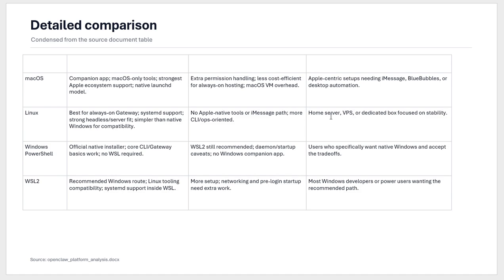For Linux, you can mostly use a VPS operating in Linux, Hostinger and others, including Alibaba Cloud and AWS. They have Linux environments to host OpenClaw. And for Windows PowerShell, users who specifically want native Windows.